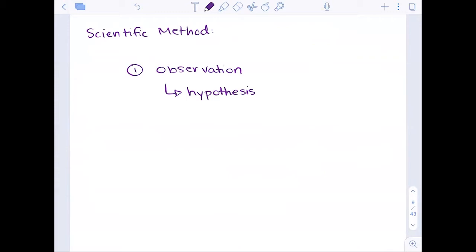The sun rose today in the east. I'm gonna maybe see that again tomorrow. That's a hypothesis. It has no backing, no experimentation, just my observation. With that, then we can experiment. And so with the experimentation, now we can start to develop an idea of data.